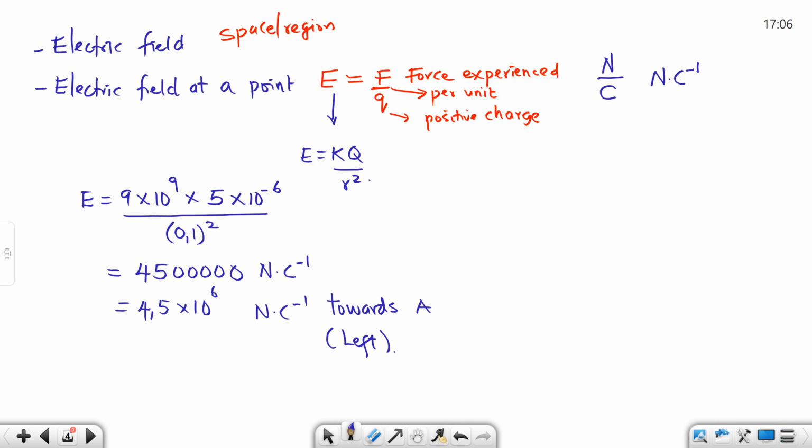I hope we are all okay there. So take note, these are the major things you need to know about electric field, except when we go to net electric field. I'll show you what to do. I hope I do have questions on that. Everybody okay? Quickly give me a thumbs up if we are good on the same page.